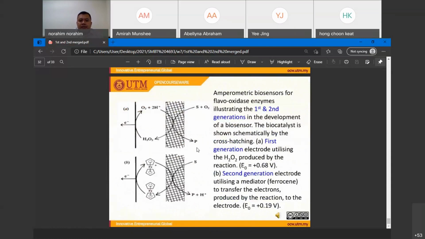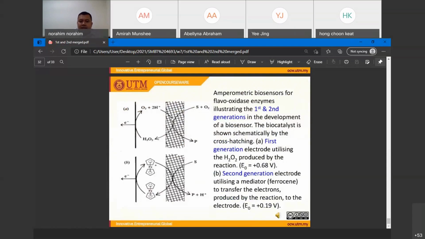First generation, second generation. Okay. A is the first generation of the glucose biosensor. B is your second generation. Amperometric biosensors for flavo-oxidase enzyme, illustrating the first and the second generation in the development of a biosensor. The biocatalyst is shown schematically by the cross-hatching.